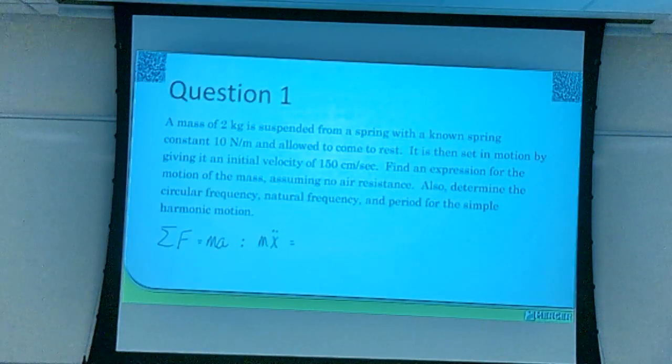We only have one force, the restoring force: spring constant times x, but in the opposite direction of motion. m x double dot equals negative kx. They tell us the mass is 2, and we already know the spring constant.